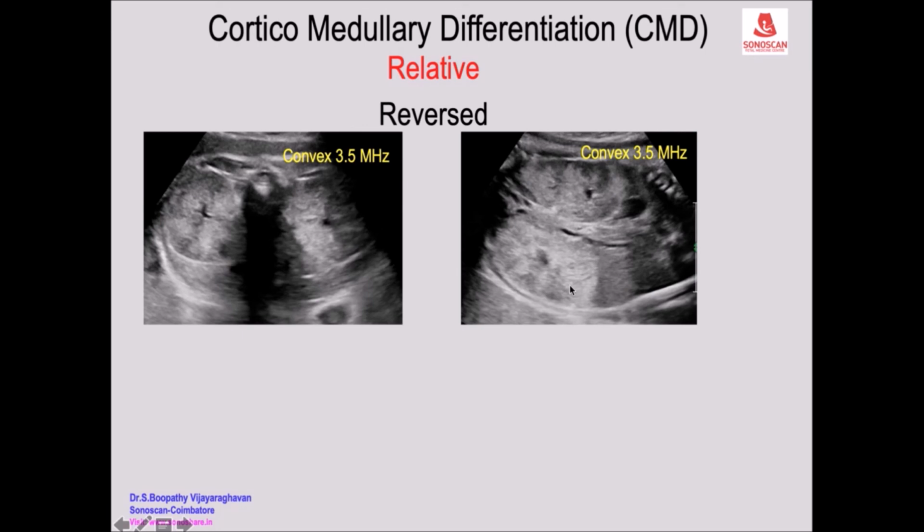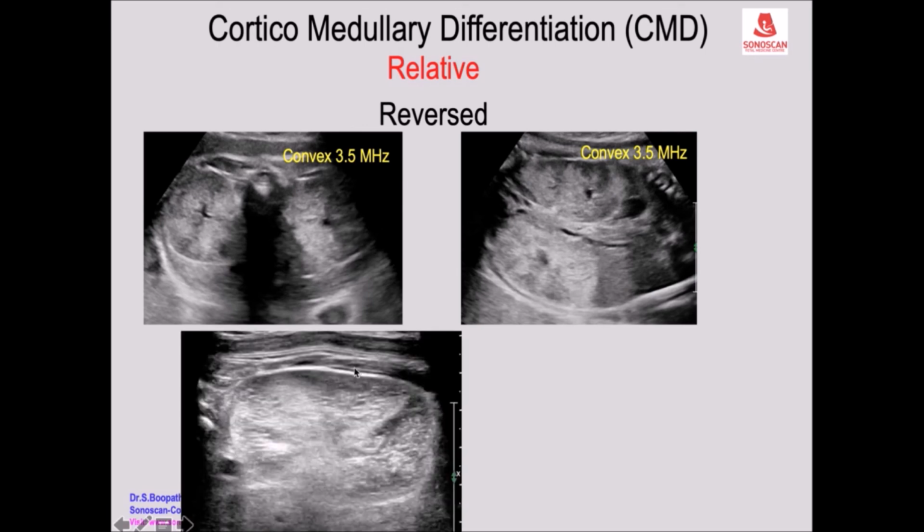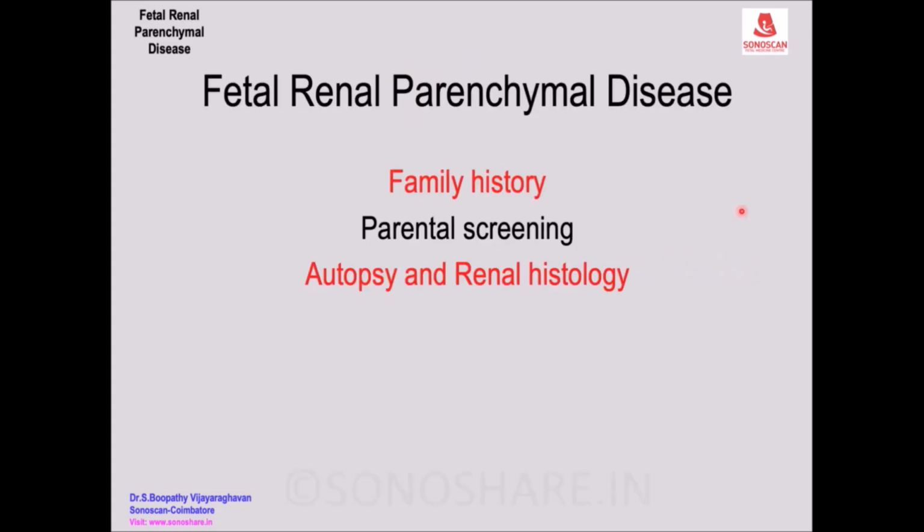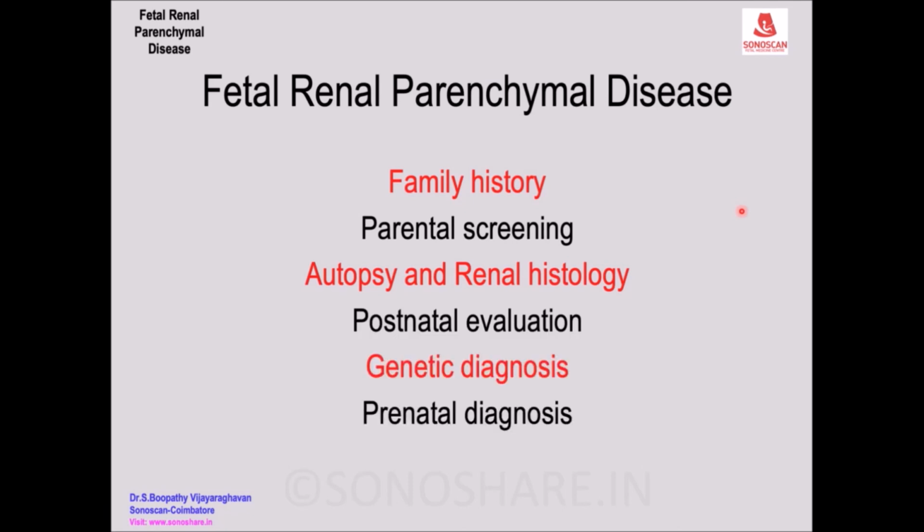So the CMD looks reversed, but when you use a high frequency, again you see the typical appearance of autosomal recessive polycystic kidney with enlarged kidneys. That is about the CMD, the varying appearances, and how it changes with high frequency. For IUD or termination, autopsy and renal histology, postnatal evaluation and genetic diagnosis are needed.